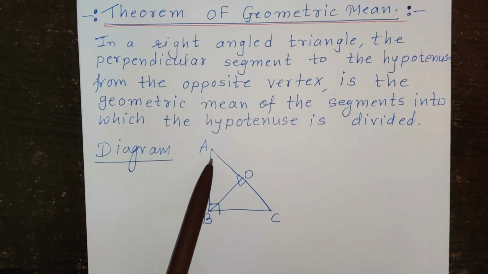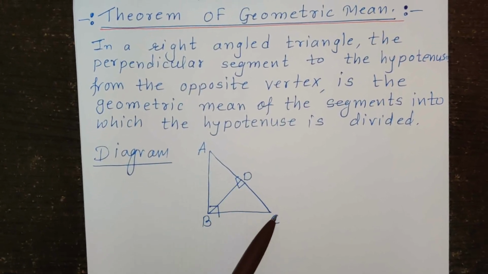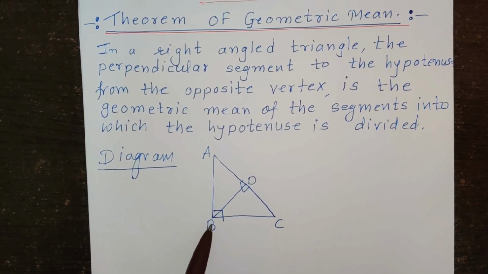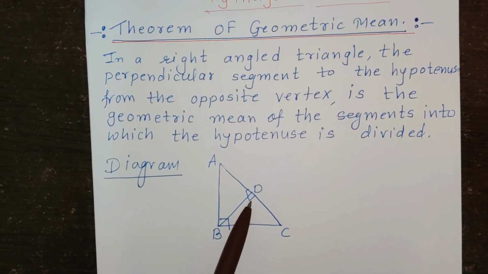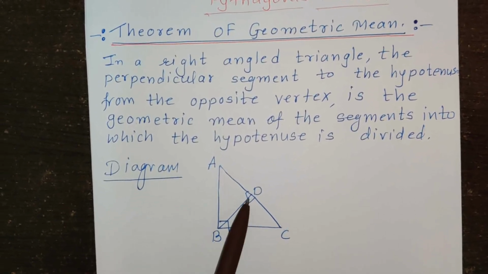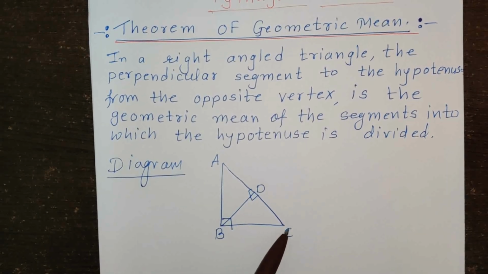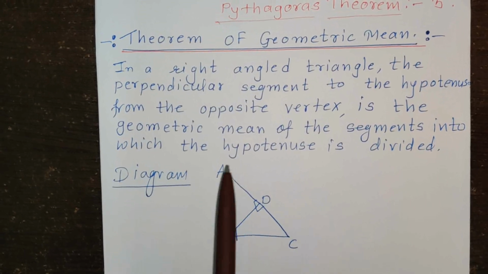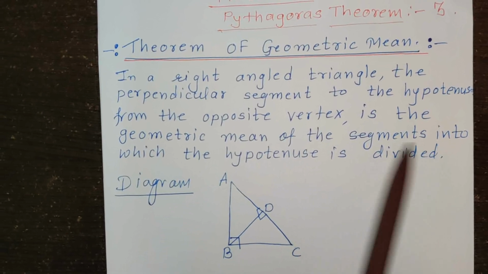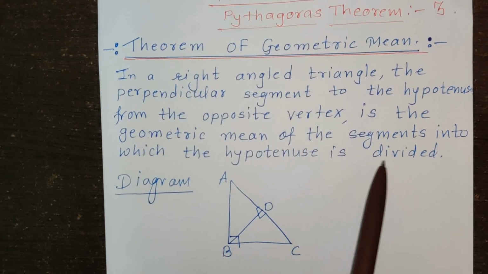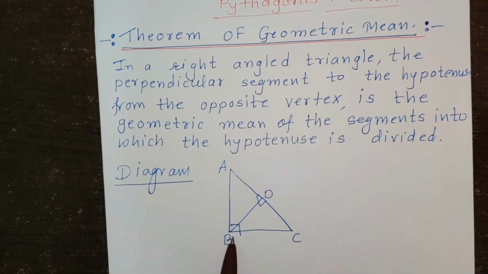Which are the segments? AD and DC. These are the segments divided due to this BD, so BD is the geometric mean of AD and DC. And for this statement the diagram is this.